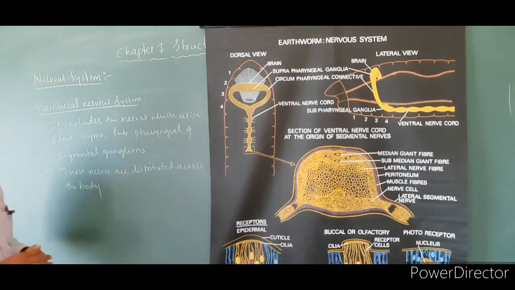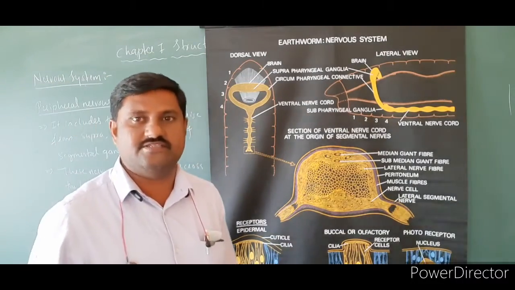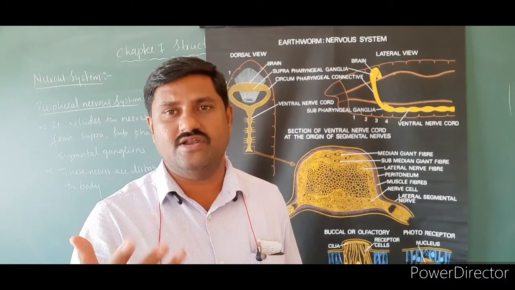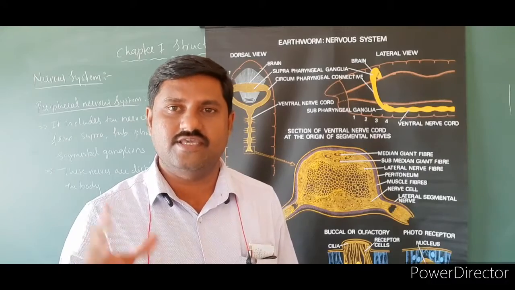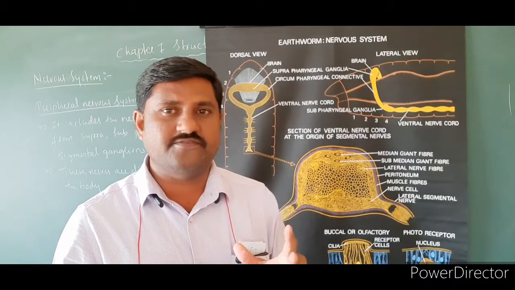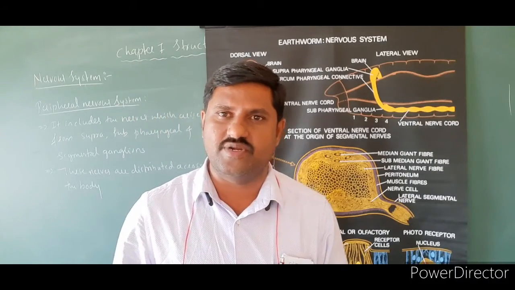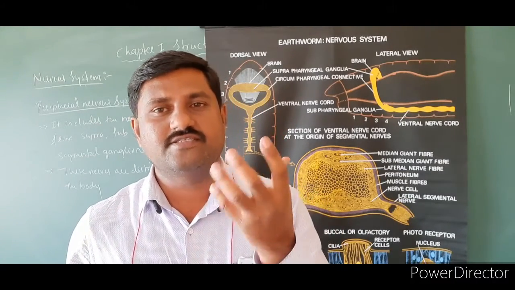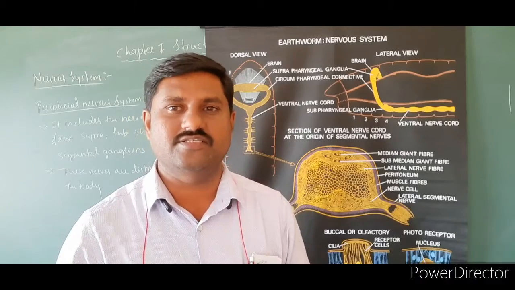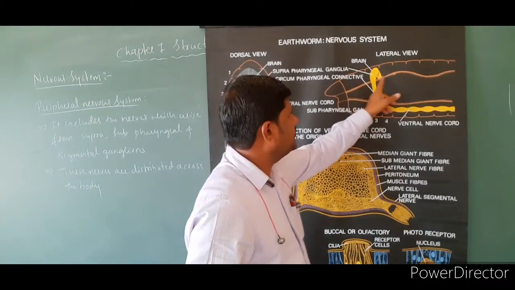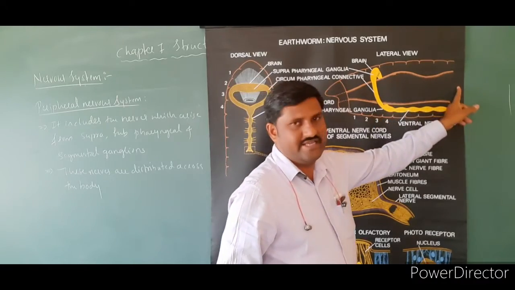And apart from this one, the next system is the autonomous nervous system. Very important one. What is the autonomous nervous system? See here, there are some nerve plexus that we come across. Nerve plexus are nothing but a group of nerves, a set of nerves. They are distributed around the digestive tract, that is the alimentary canal.